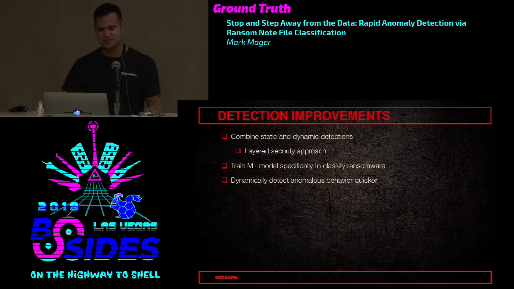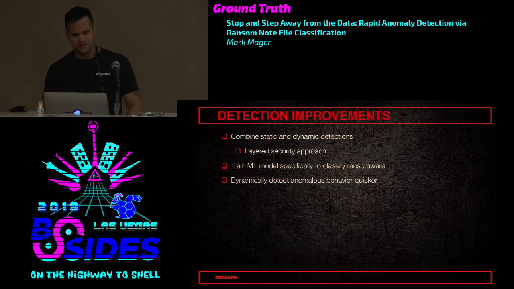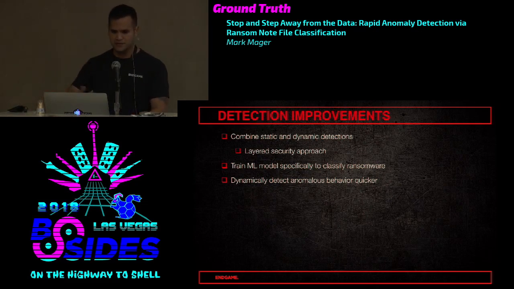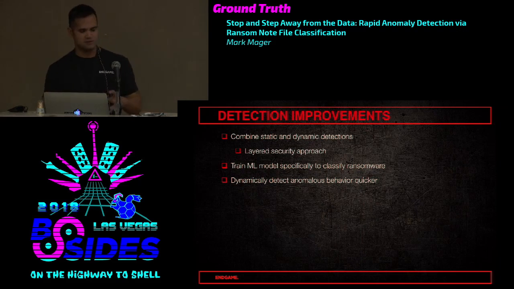You obviously want to be able to detect something before any code executes. That's the most ideal scenario. But if that doesn't work out, you still want a fallback you can rely on that may eventually detect the ransomware executing. You can tailor your machine learning model to specifically classify ransomware instead of just generic malware.